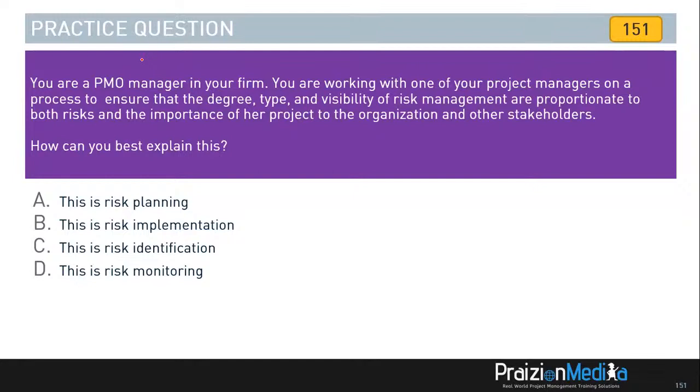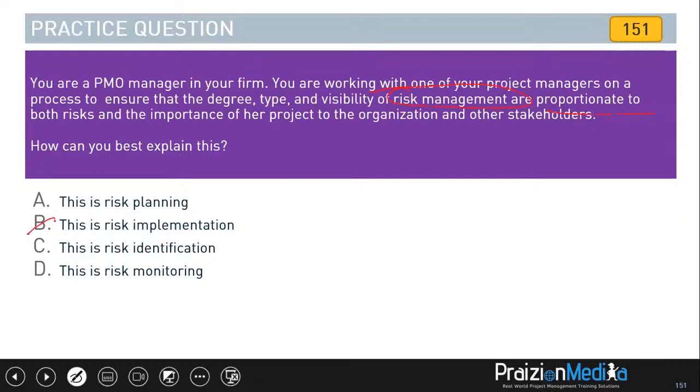So there's a clue here. Ensure that the degree, type, and visibility are proportionate to both risks and the importance of her project to the organization. Visibility of risk management, proportionate. This is a planning thing. It's not implementation.